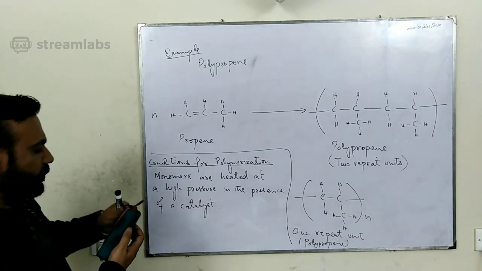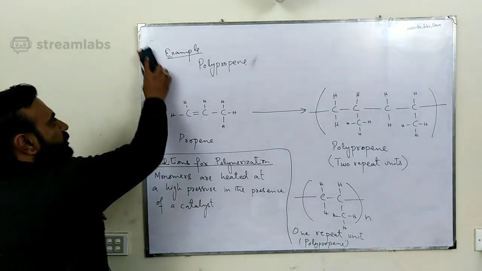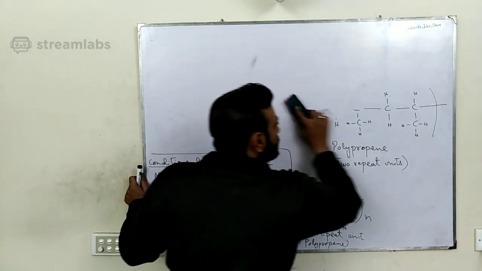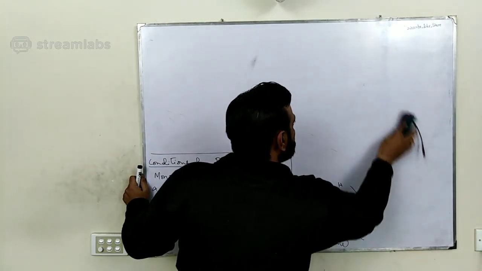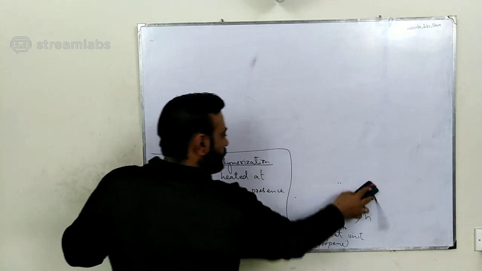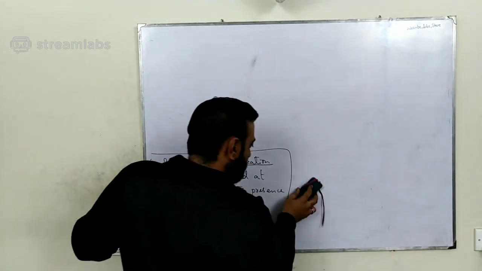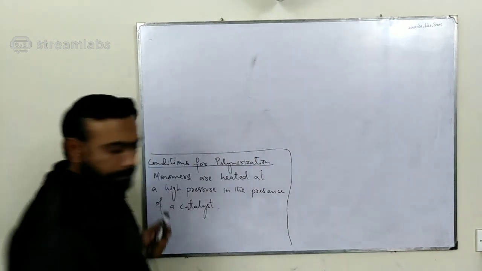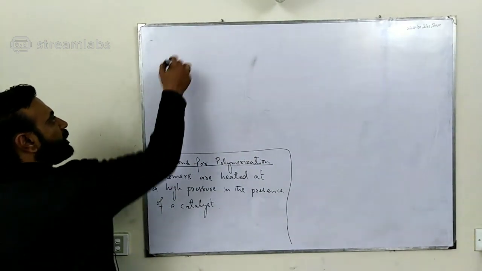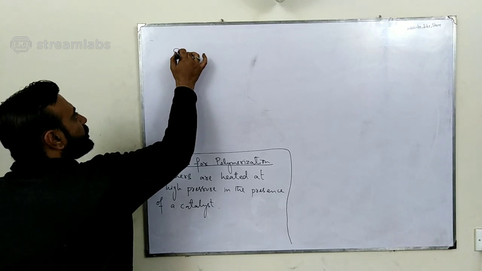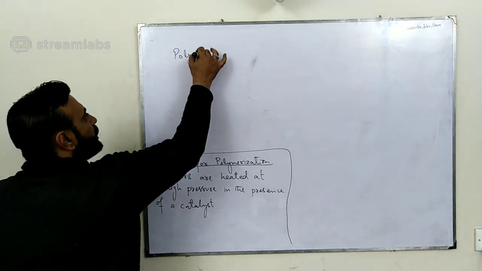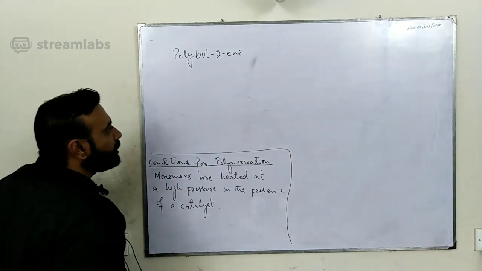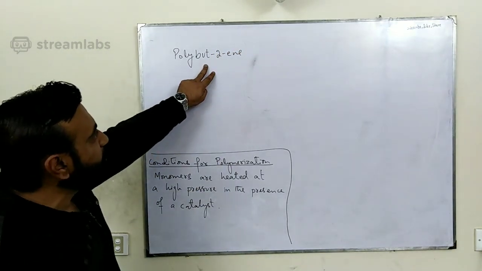Okay, so guys, I'll give you another example. If they have asked us to draw the structure of polybutene, now that means the monomer is butene.